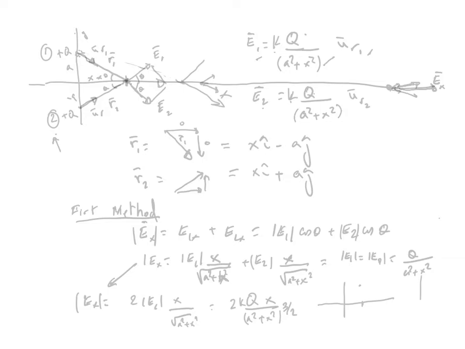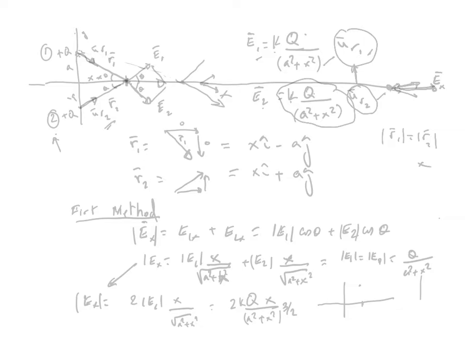So the magnitude of R1 is equal to the magnitude of R2 for all points on the x-axis. So this is the electrical field on the point x. This is the magnitude, and this is the unit vector that is different from this unit vector, because this one is u sub R2.